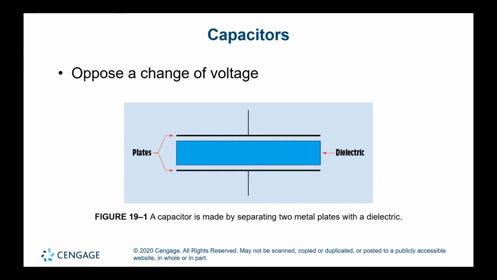By doing that, we are going to be able to remove electrons from one of the plates and deposit those electrons in the other plate. The plate that loses the electrons becomes positively charged, and the plate that gains the electrons becomes negatively charged.